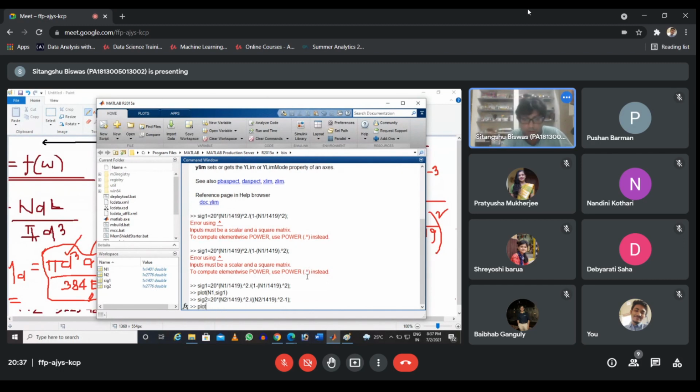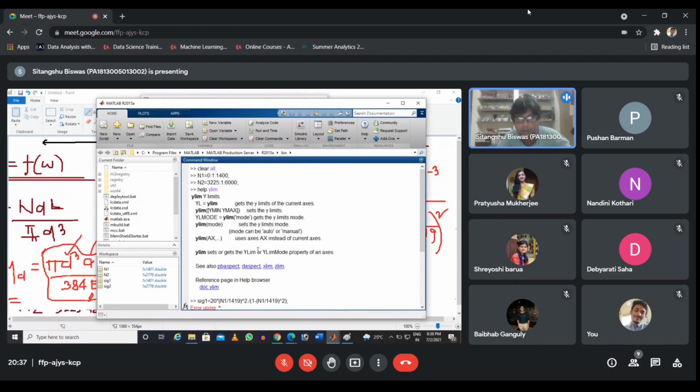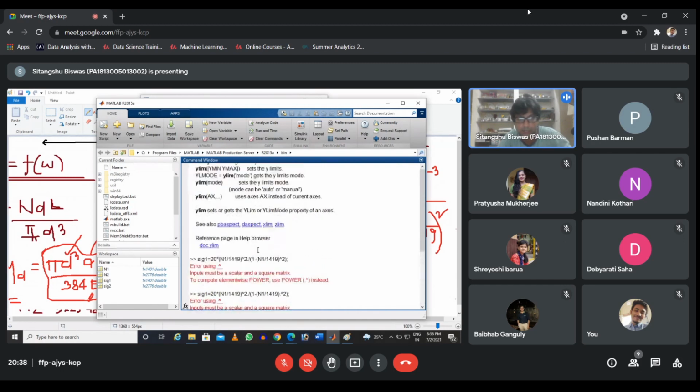Now if I plot n1 comma sigma 1 comma n2 comma sigma 2, let us limit it. So y limit, what is the syntax? Y limit bracket, min max, first bracket then third bracket.